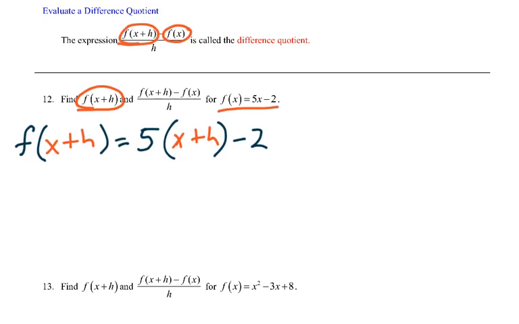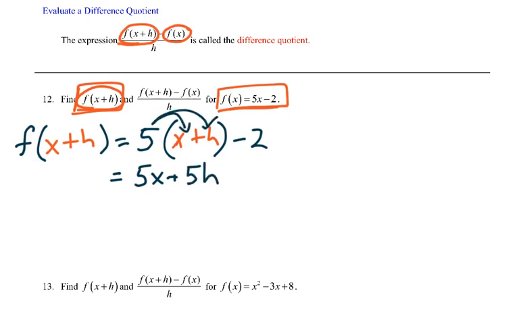So we already have the f of x. We're finding the f of x plus h. So let me finish that part. So this would be 5x plus 5h, because this distributes to both terms inside the parentheses, minus 2. Okay, we can't combine any like terms, so that is what f of x plus h is equal to.